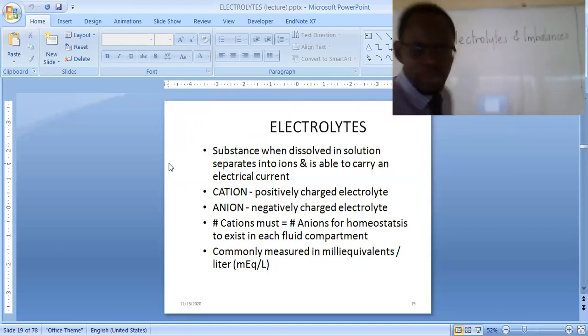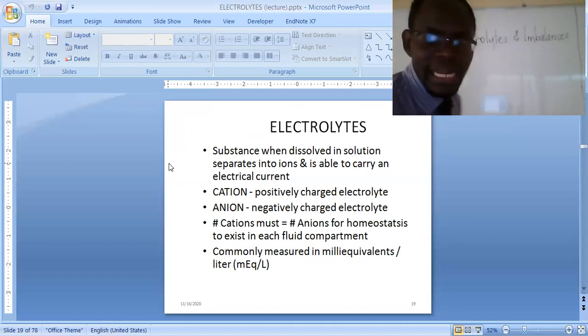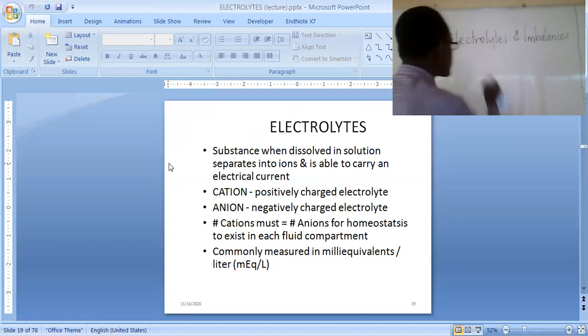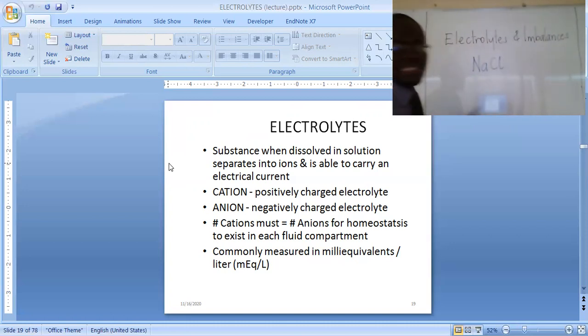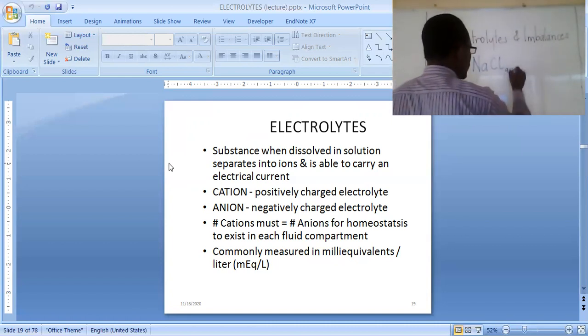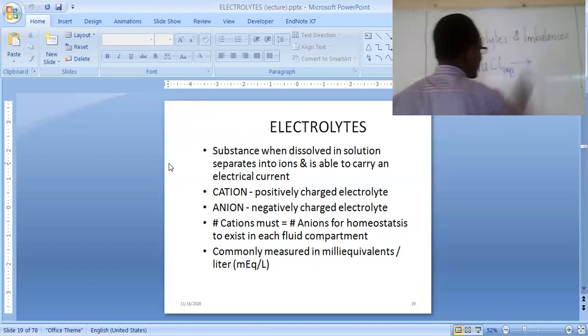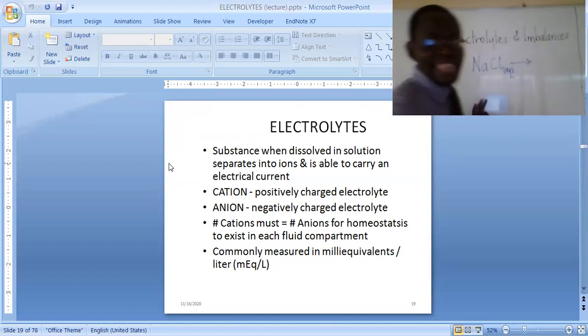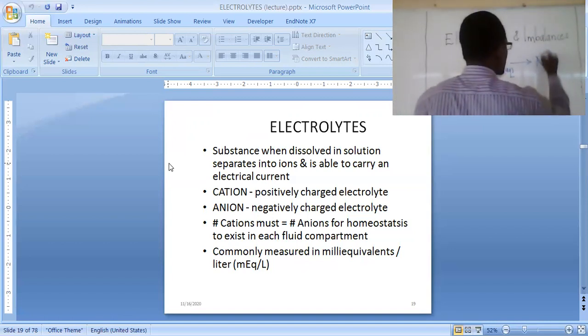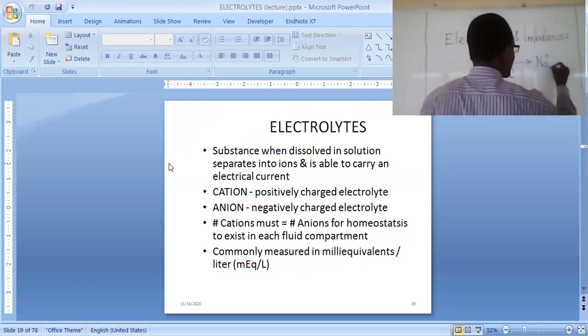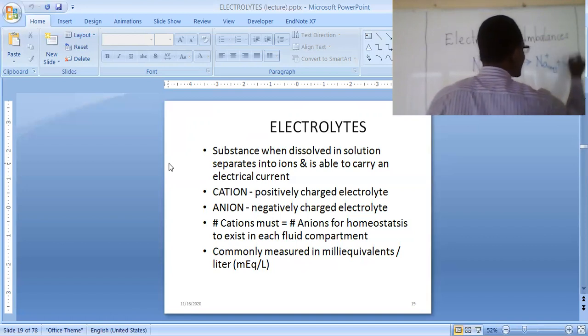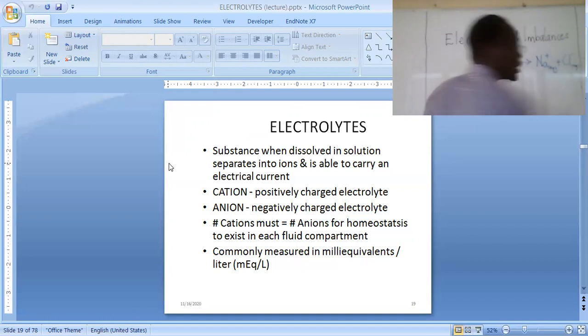You have a solute like sodium chloride. Just take an example of salt. Salt is sodium chloride, right? If it's not ionized, it is like that. But once you add in water, it ionizes to form sodium ions and chloride ions.